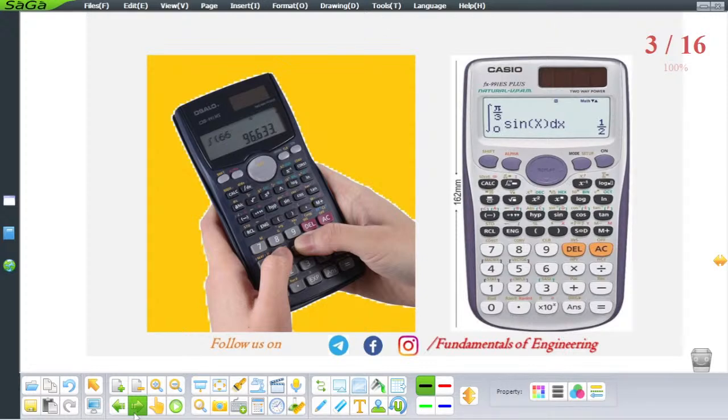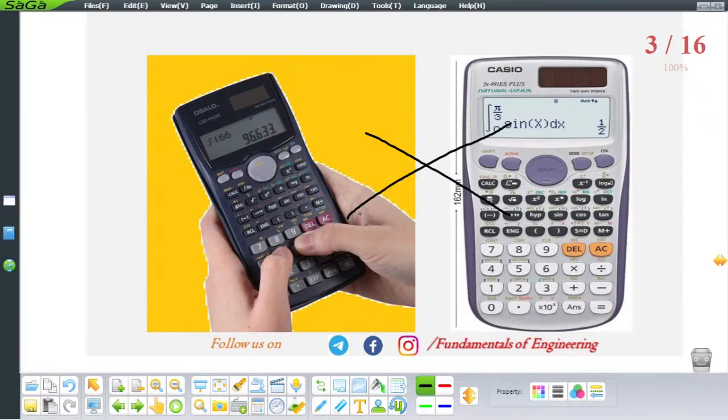Whatever values we have, we put into this calculator, and based on the calculator we find the answer. Most of the students practice solving problems on this type of calculator. But this type of cassette calculator is not allowed in the GATE exam.